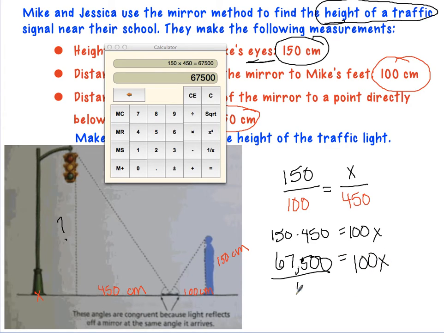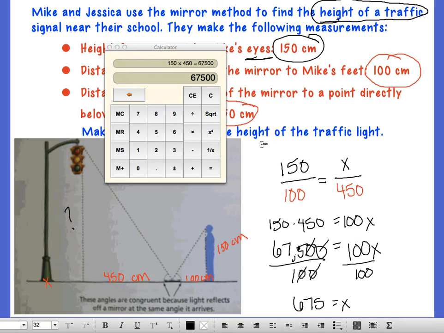And then I know I divide both sides by 100. And then here my zeros cancel out. So this is 675 is equal to x. And x in this case is the height of my traffic light. So my sentence would be, the traffic light is 675 centimeters tall.